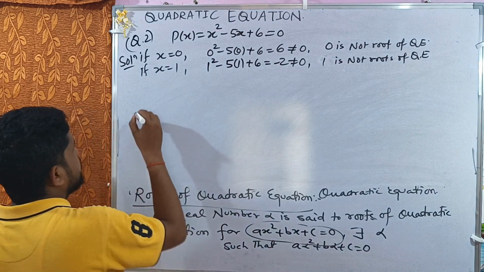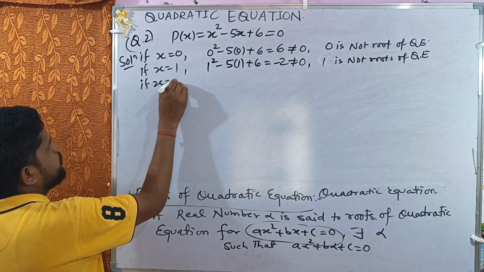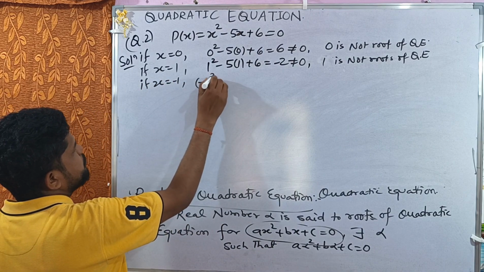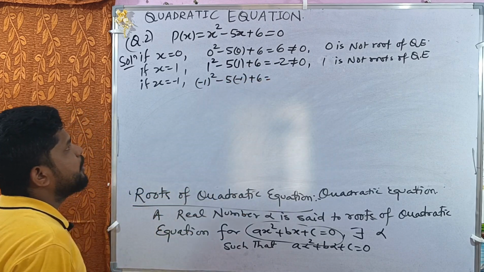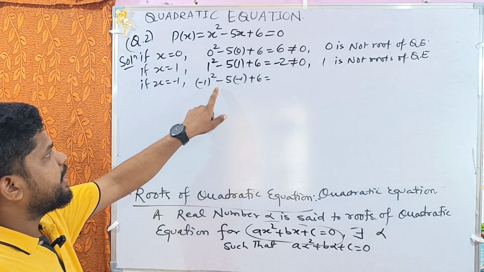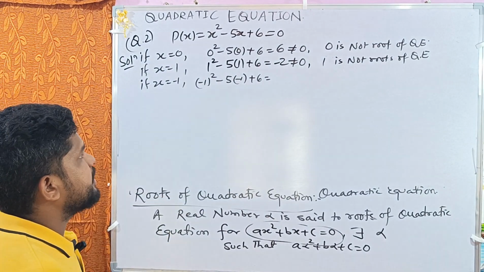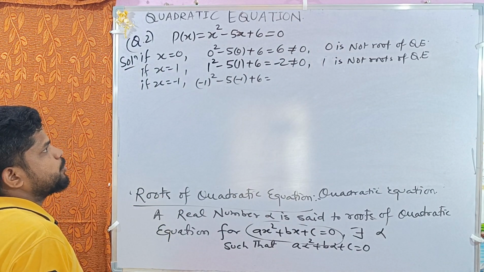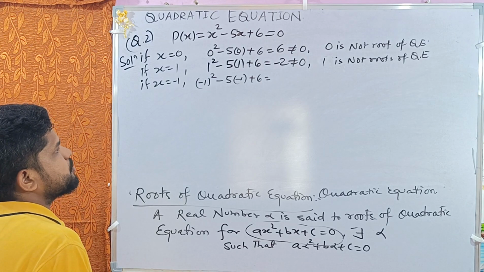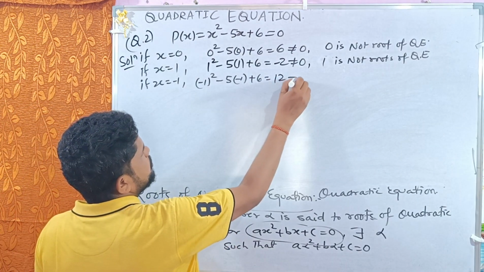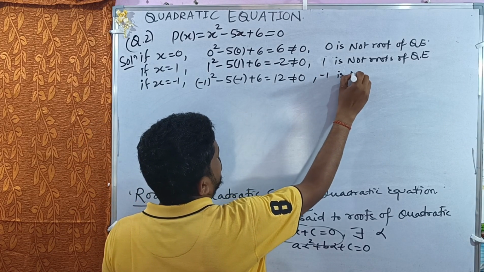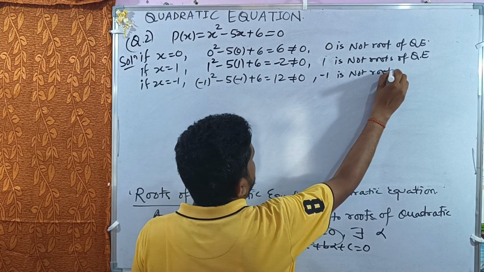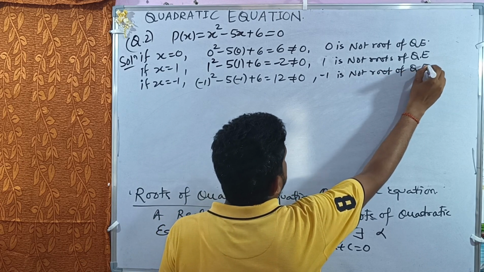If I put the value of x equals minus 1, what will I get? Minus 1 square minus 5 into minus 1 plus 6. Here minus 1 square is 1, minus 5 into minus 1 is 5, plus 6. So 5 plus 6 is 11, plus 1 is 12, which is not equal to 0. Thus minus 1 is not a root of the quadratic equation.